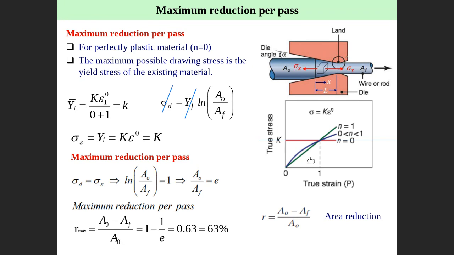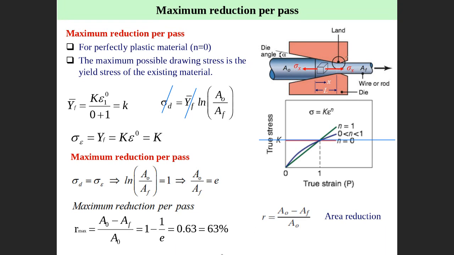This is a very theoretical case. Then AO divided by AF equals e. When you apply this in a reduction, (AO minus AF) divided by AO, then 1 minus 1 divided by e, you get 63%.